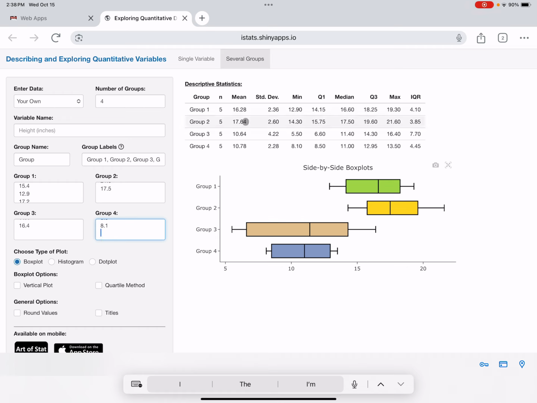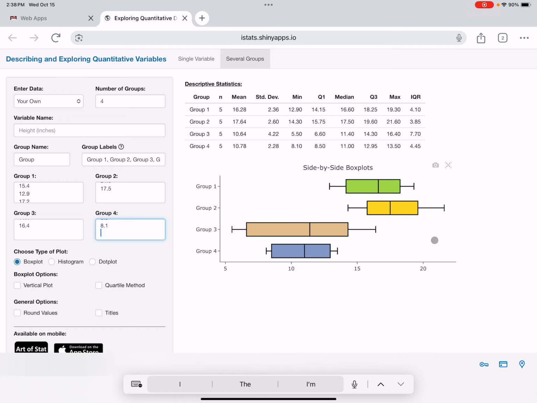What I notice is that, well, I get all the sample means here, so I'll write those down. But then I also notice that I get this really nice grouping where it looks like groups 3 and 4 have a pretty similar looking mean. And groups 1 and 2 also have a pretty similar looking mean, but there's this pretty wide gap between the bottom 2 and the top 2.